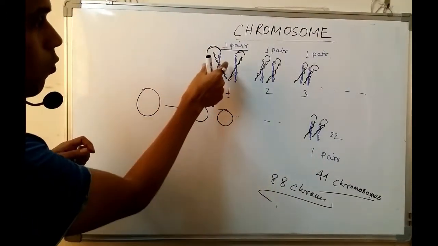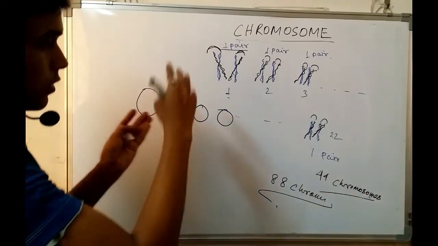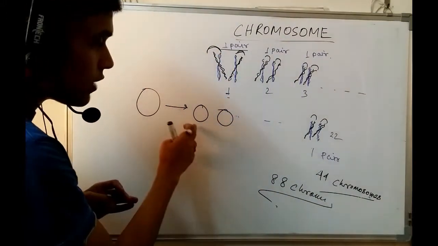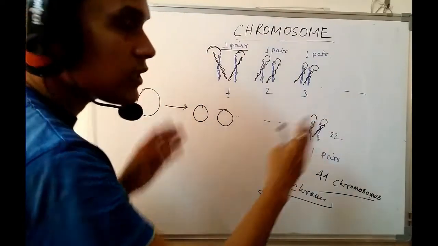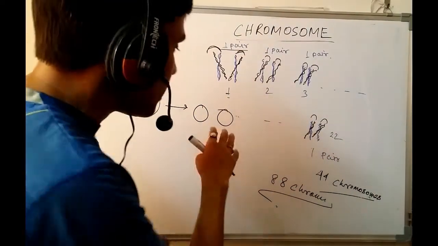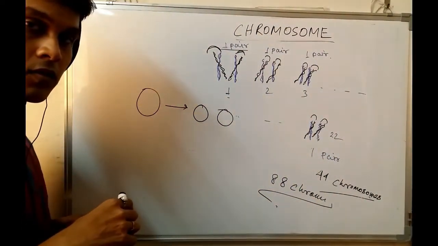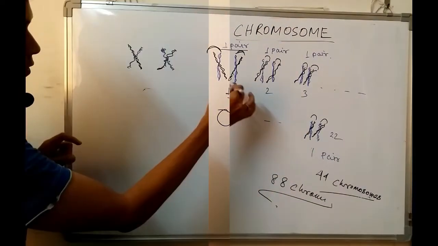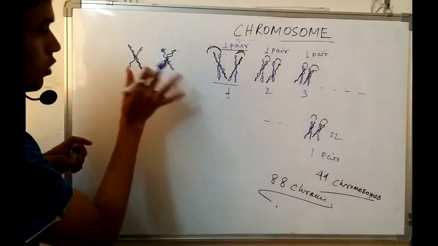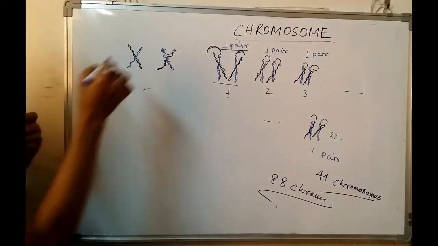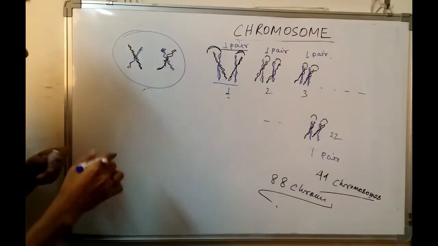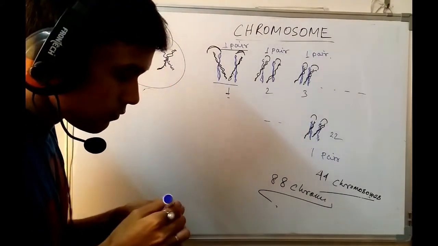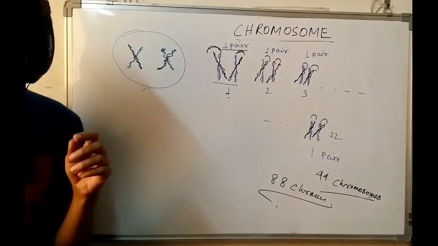That means one of them is separated into one cell and another one is taken by another cell. Suppose I am taking this part only. It is present inside the nucleus of one cell, but I am considering only one cell.